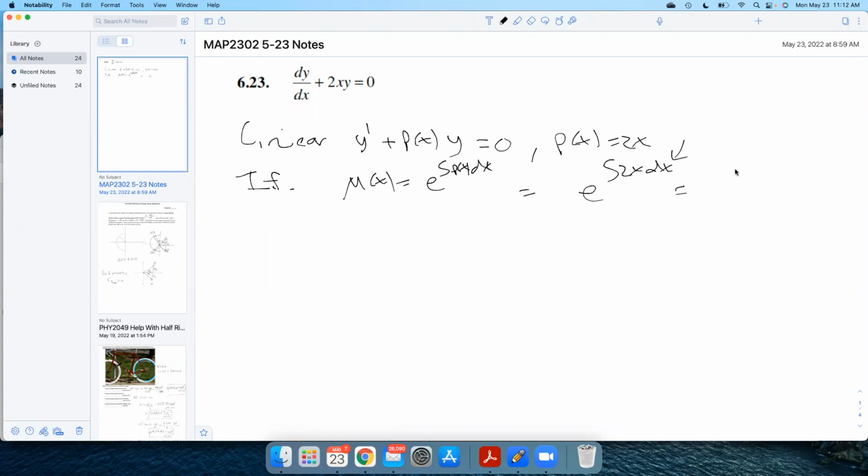Antiderivative of 2x dx is x squared, so that's e to the x squared. Technically plus c, but with the integrating factor, we don't include the plus c. So don't put a plus c here. That's what we're going to multiply everything by. So I multiply everything in the DE by the integrating factor.